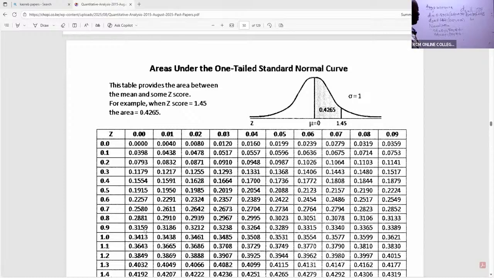So this will be 0.5 plus 0.3159. D1 is the same as the Z score. And then, ladies and gentlemen, you can see N(D2) is 0.5 plus the entry of D2, and D2 is 0.54. Are you able to see 0.54 here?